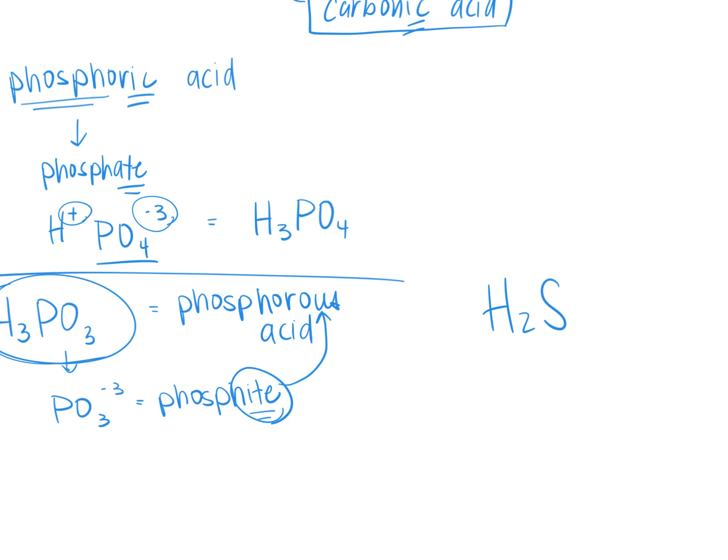Okay? All right, what about this one? H2S. Okay, if I look at what anion it comes from, it would be just an S with what charge? -2, right? Because I had to have 2 hydrogens to make it neutral.